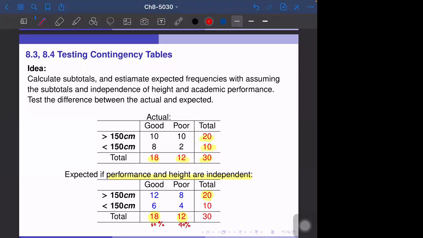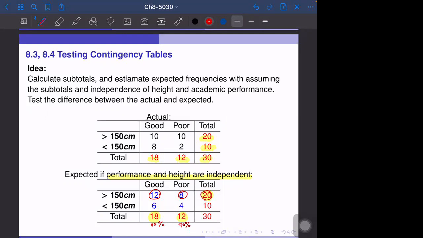The expected value is 12 observations because good is 60%. If height and performance do not correlate with each other, then 60% of these 20 students are good. So this should be 12, and here is 8, just because 20 minus 12, or 40% times 20.